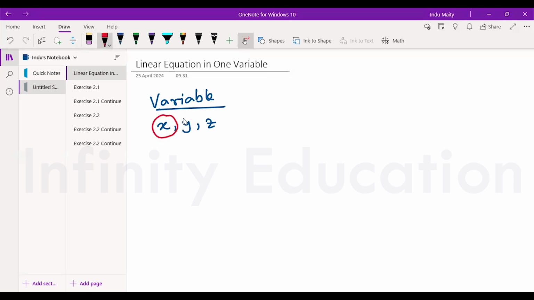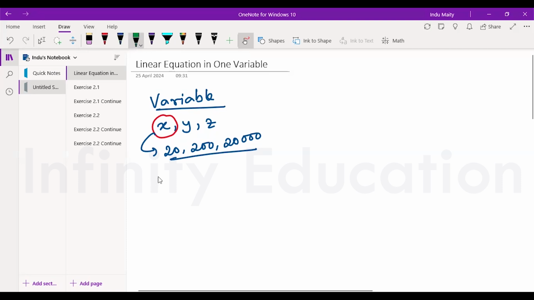Mostly we know about x, because in most of the questions we have seen, we have considered x as the variable. The value of x can be 20, 200, 20,000, and so on. It can be anything with respect to the question.